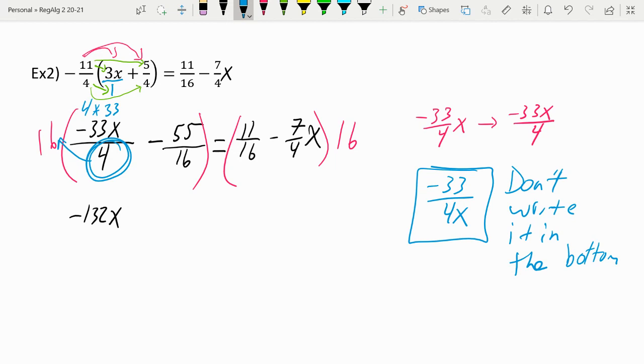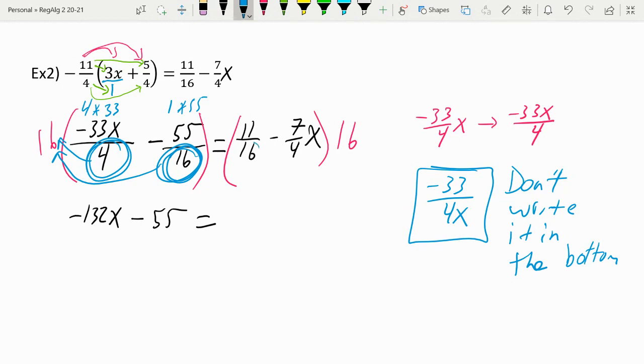And then 16 goes into 16 one time times 55, so minus 55. You're noticing the numbers are getting big, but the fractions are going away.